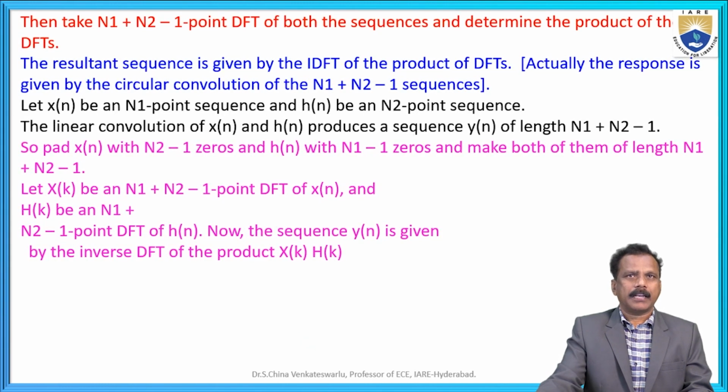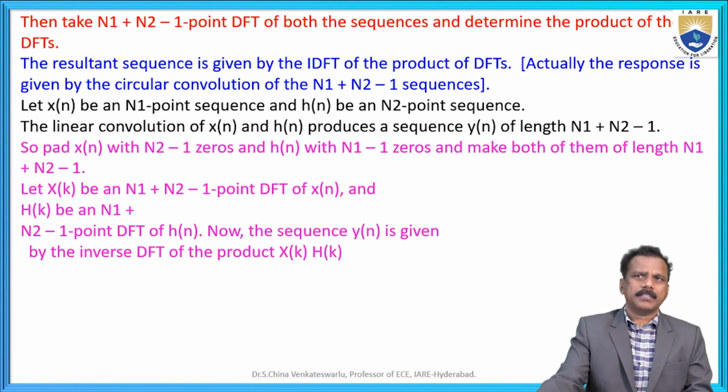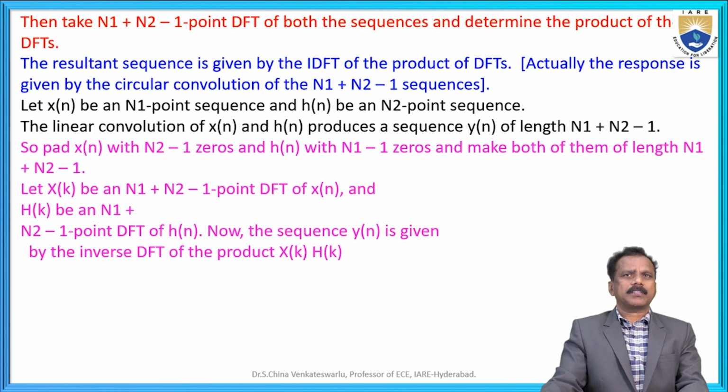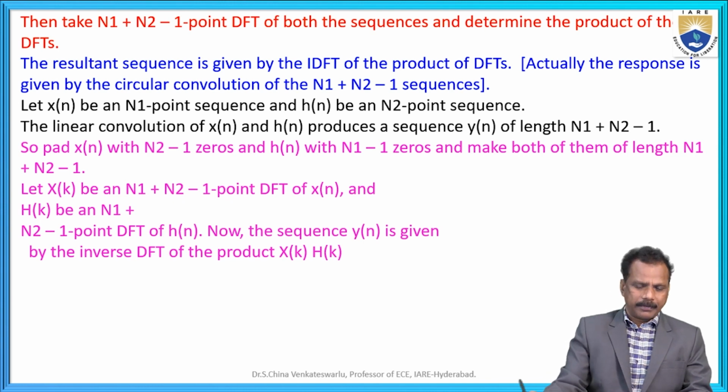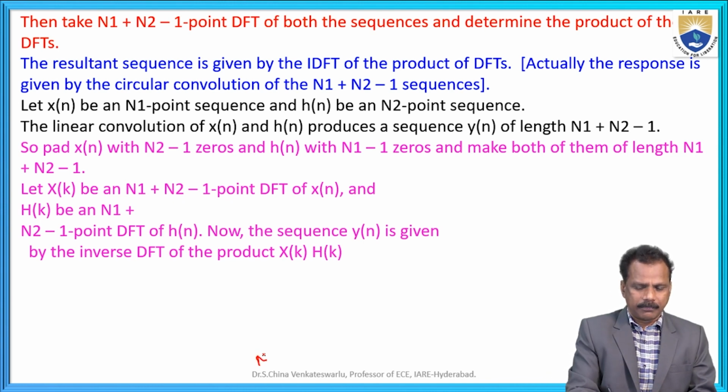Then take the N1 plus N2 minus 1 point DFT of both sequences and determine the product of the discrete Fourier transforms. The resultant sequence is given by the IDFT, the inverse discrete Fourier transform, of the product of the discrete Fourier transforms. So the response is given by the circular convolution of length N1 plus N2 minus 1.